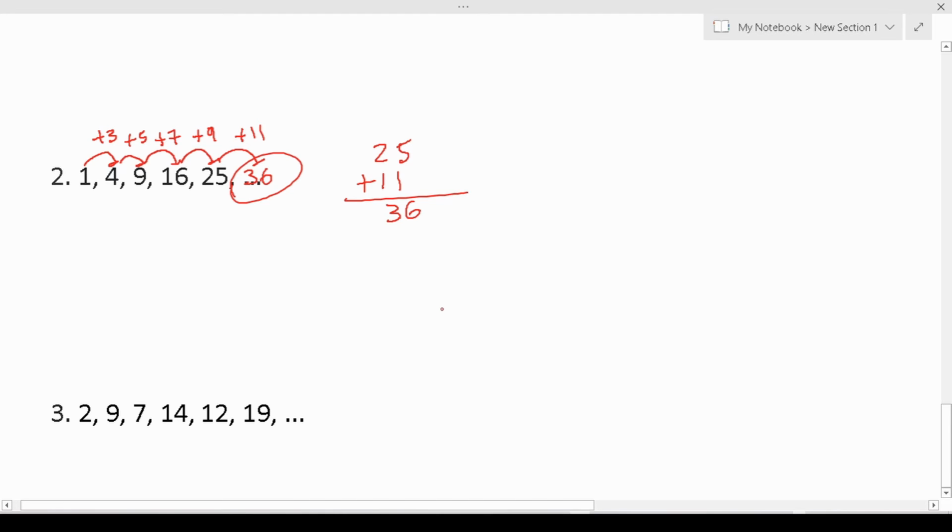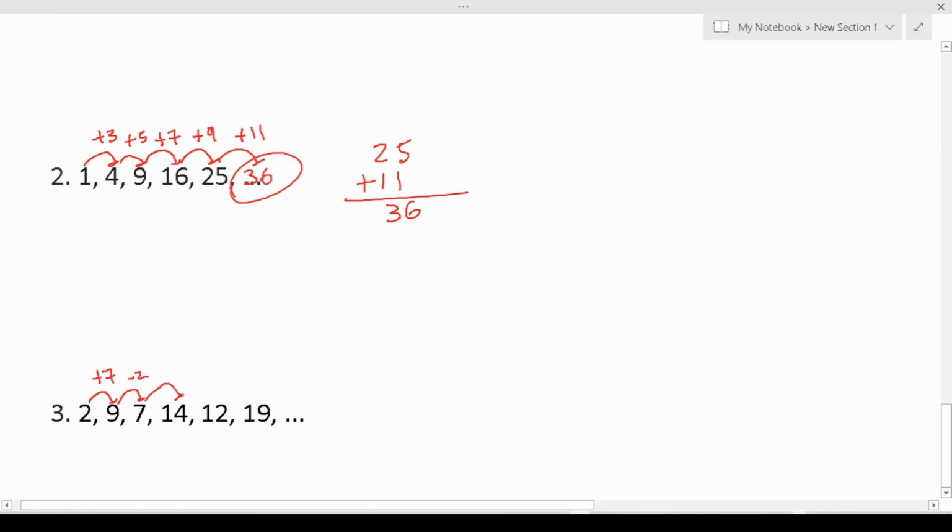And finally, we have this sequence, 2, 9, 7, 14, 12, 19. Let's see, how can we go from 2 to 9? That's going to be plus 7. To go from 9 to 7, we subtract 2.